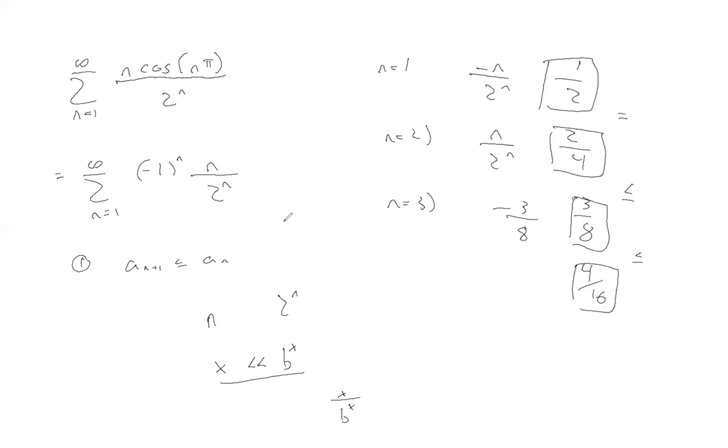Okay, so if I have something like this, n over 2 to the n, and I know from my hierarchy of functions n is to the left of 2 to the n, I know that eventually a_(n+1) is going to be less than or equal to a_n.